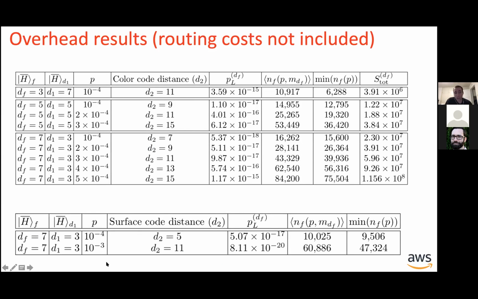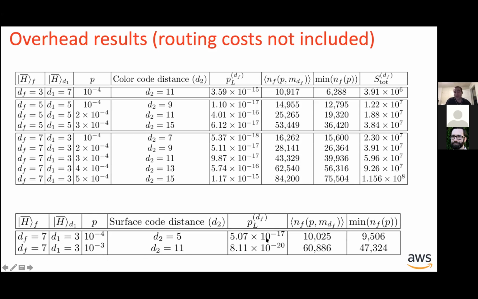What we showed was that for physical errors of 10 minus 3, if you use a distance D2 surface code and a distance 7 version of our scheme, starting with a distance 1, so we first prepare the magic states in a fault-tolerant way using a distance 1 version of our scheme, and then grow it to a distance 11 color code, and then teleport it to a surface code. So we're using distance 11 encoded gates in a distance 7 version of our scheme, okay?